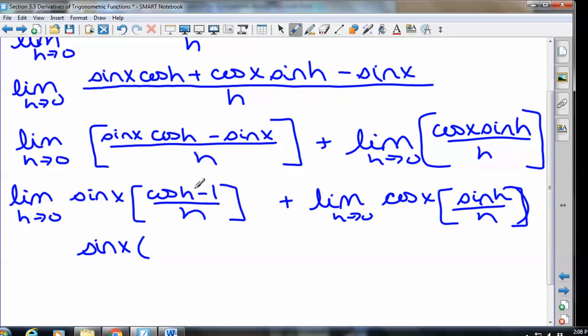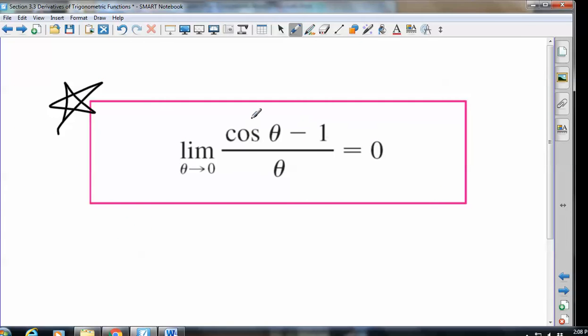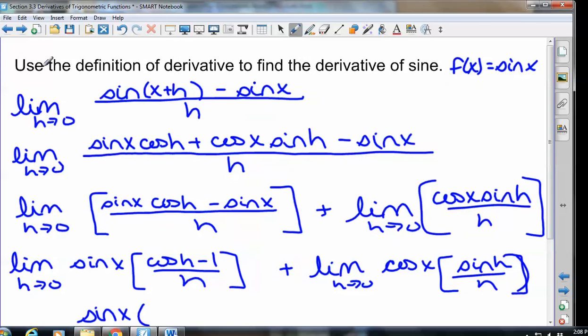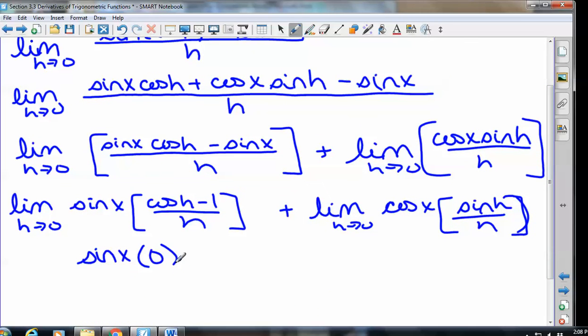Look at the last box that we did. What's the limit as h approaches 0 of cosine h minus 1 over h? It's 0. That's what we proved at the beginning. Okay? Limit as h approaches 0 of cosine, it doesn't have an h in it, so it would stay.